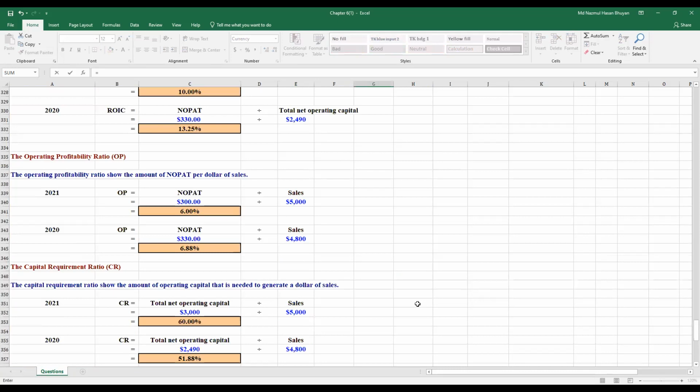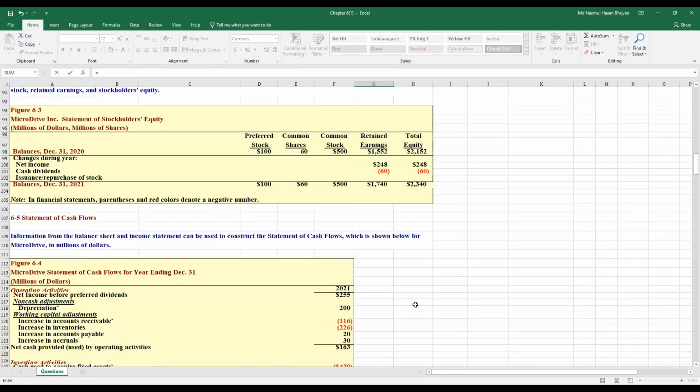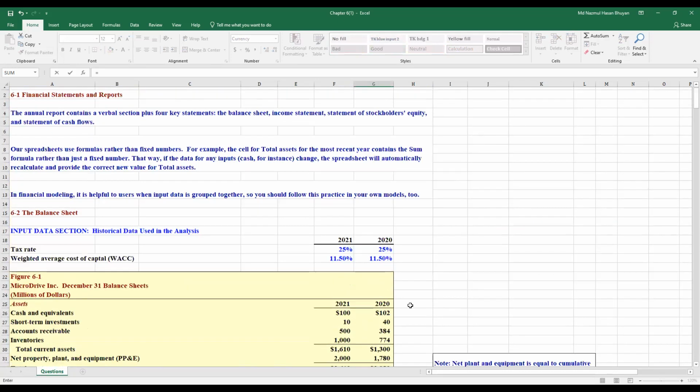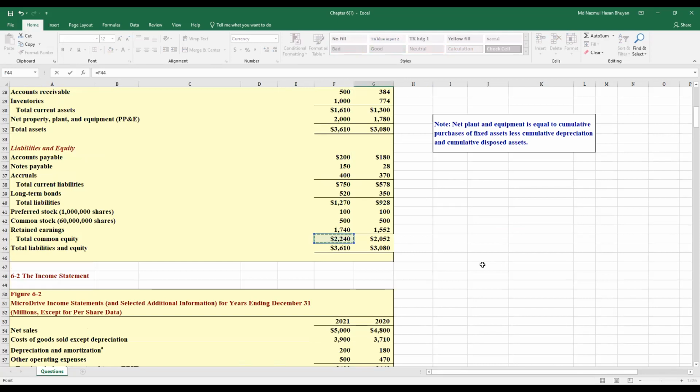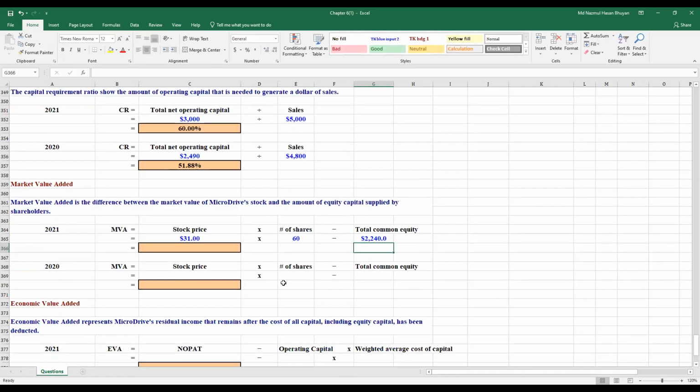Then the book value of total common equity, you can see here in the year 2021 is 2,240. Then market value added is stock price times number of shares minus total common equity.